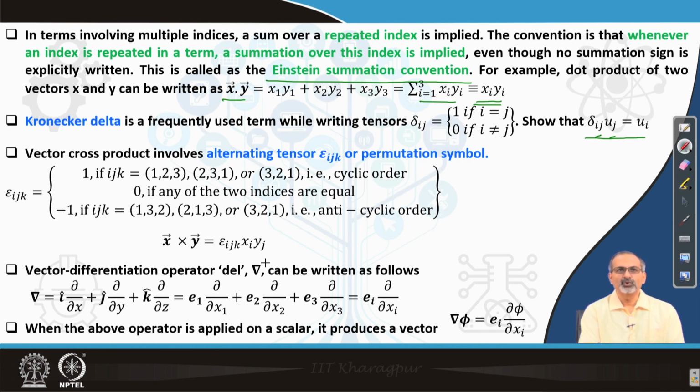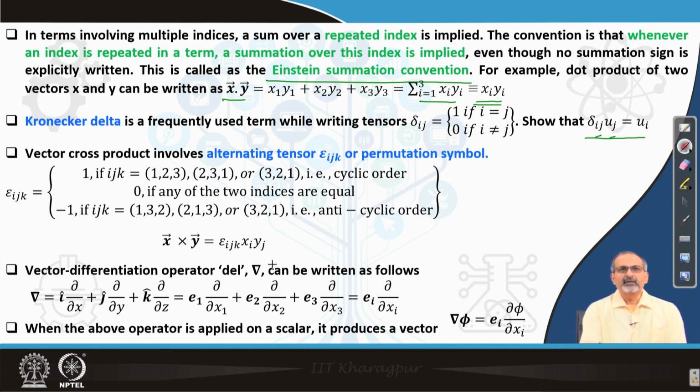So, it could be 1 2 3, 2 3 1 or 3 1 2. It will become 0 if any two indices are equal. For example, if it had become 1 comma 1 comma 2, then it would become 0. It becomes minus 1 if ijk is 1 3 2, 2 1 3 or 3 2 1, where the indices are all different from each other, but they are in an anti-cyclic order.